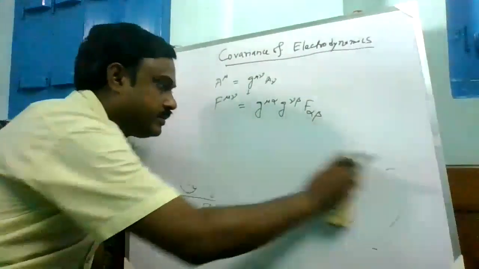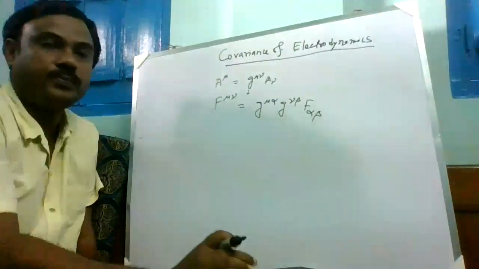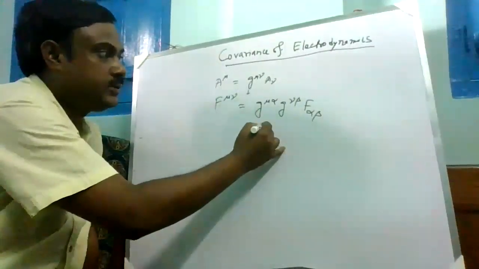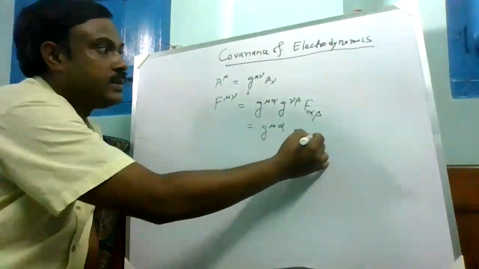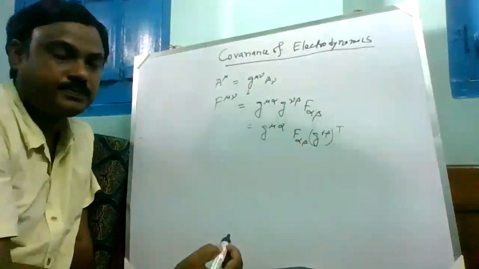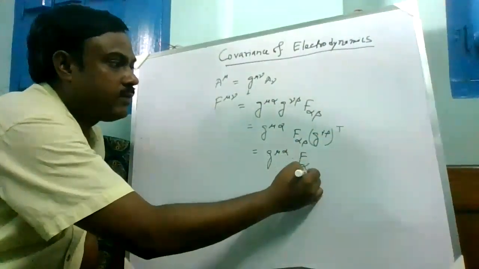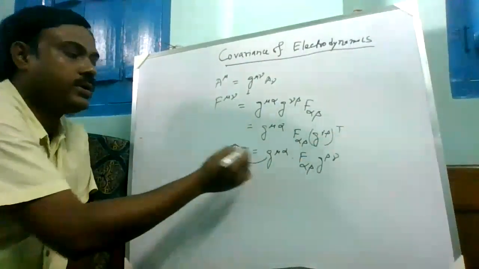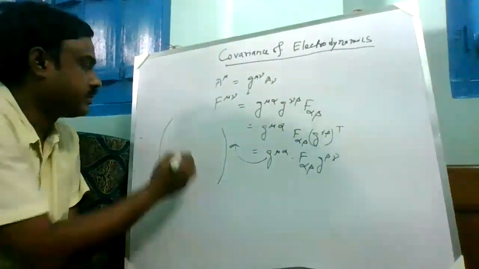Now you see that for the multiplication of two matrices, there is a rule: the indices have to be matched. So there is a way out. You can write g mu alpha F alpha beta g mu beta transposed, that is, g mu alpha F alpha beta g beta nu. Now you know the form of this in Cartesian coordinates.